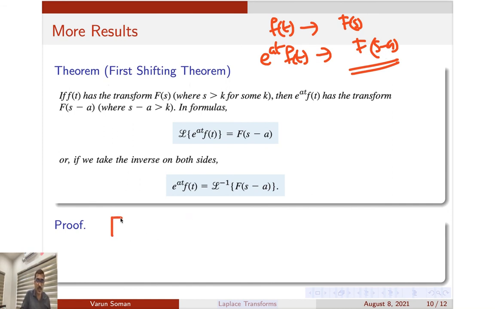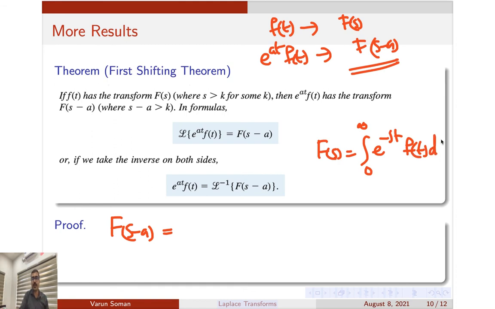So what is F of s minus a? First of all, F of s is integral 0 to infinity e raised to minus st into f of t dt. So F of s minus a is integral 0 to infinity e raised to minus (s minus a) t into f of t dt. Just looking at F of s, I wrote F of s minus a.